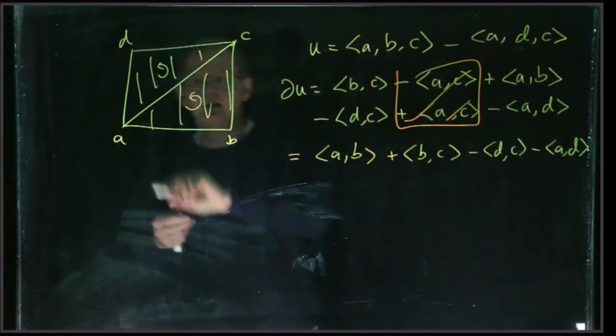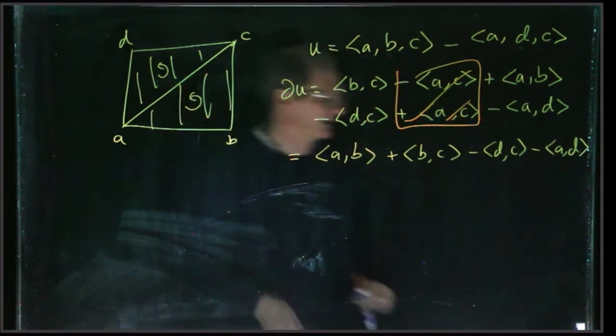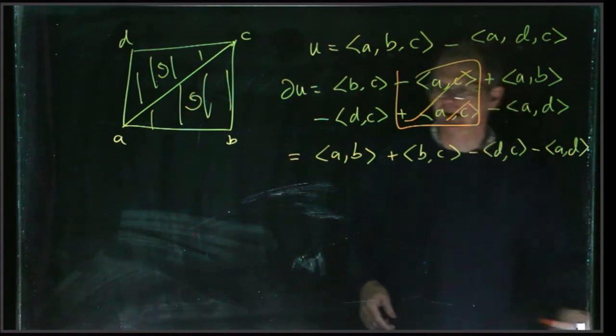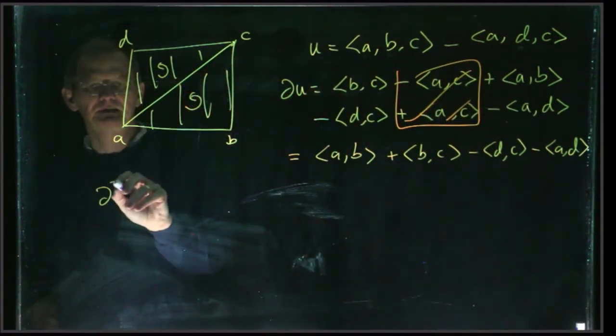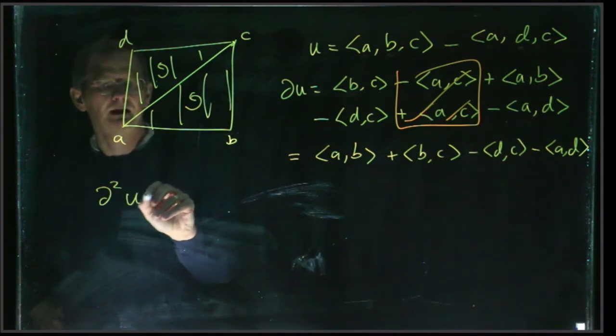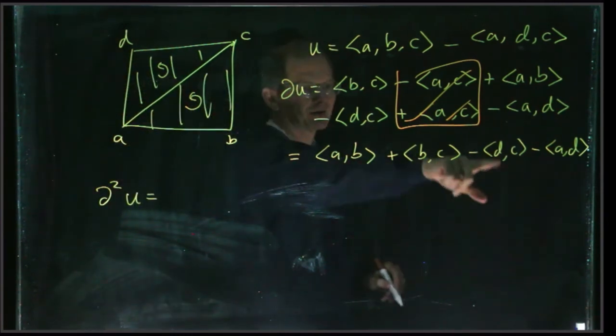Okay, so there's the boundary of U. It consists of the four edges around here, and then there's the usual business about the plus and minus signs. But now let's actually calculate d squared of U. So we're looking at the boundary of this.